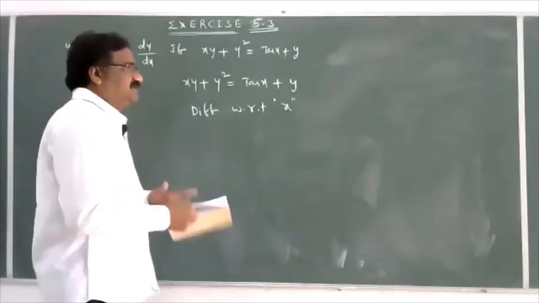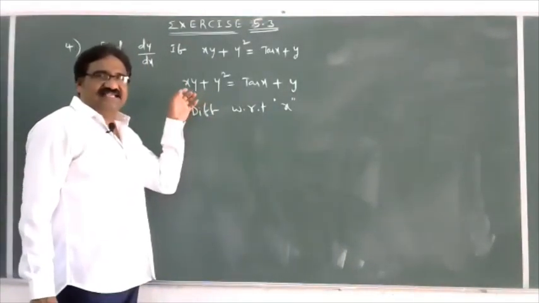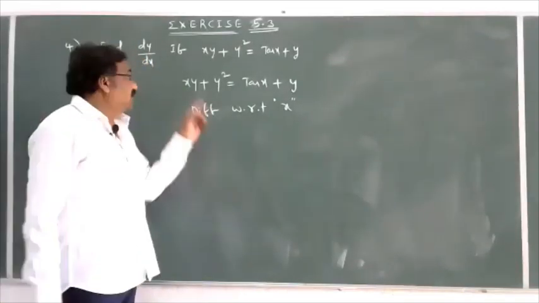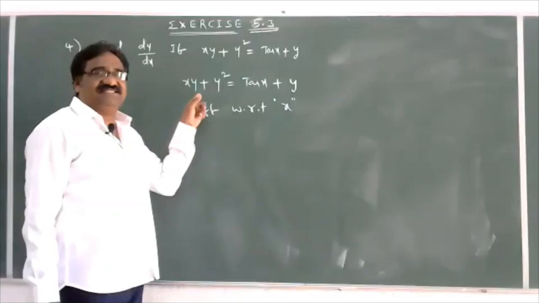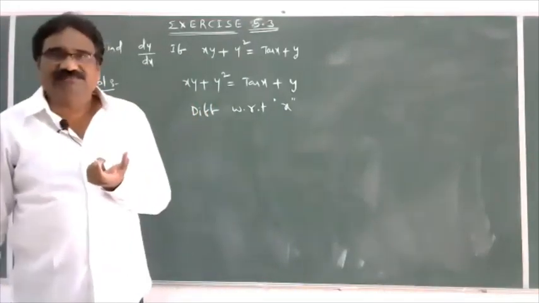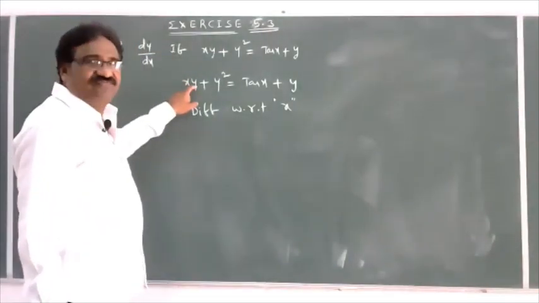So here just observe x into y. x is one variable, y is another variable. x is one function, y is another function. This is in the form of UV formula, that is first function into second function.